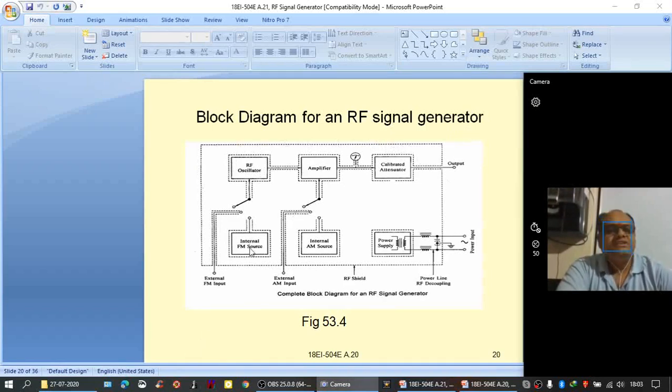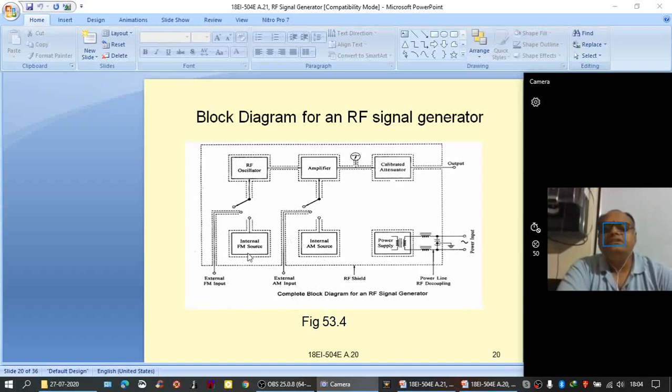But the present day RF signal generator includes provision for modulation also. That means, as I told already, the RF signal is used as a carrier signal. So directly the RF signal can be used as carrier wave, and by using an external signal you can go for either frequency modulation or amplitude modulation.